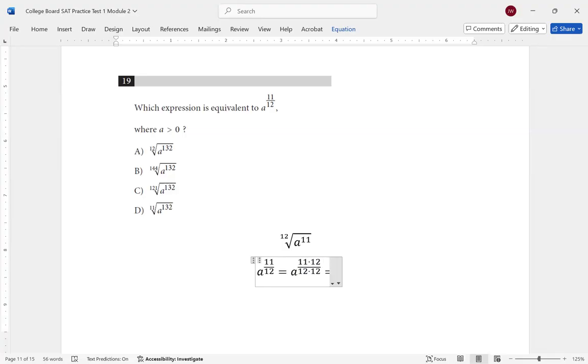That will give me A raised to the 132 power divided by 144. So the power is 132 over 144. And now I can see that this is equivalent to the 144th root of A raised to the 132nd power. And that's option B there. So option B is the correct answer.